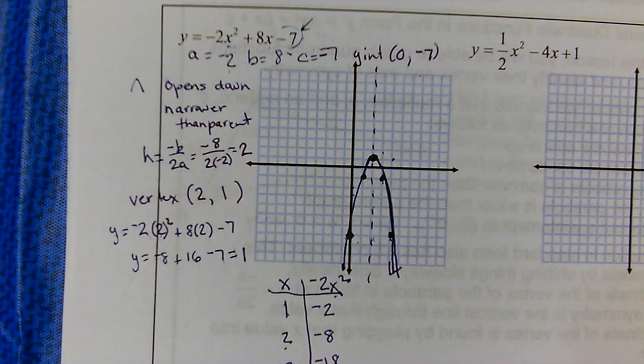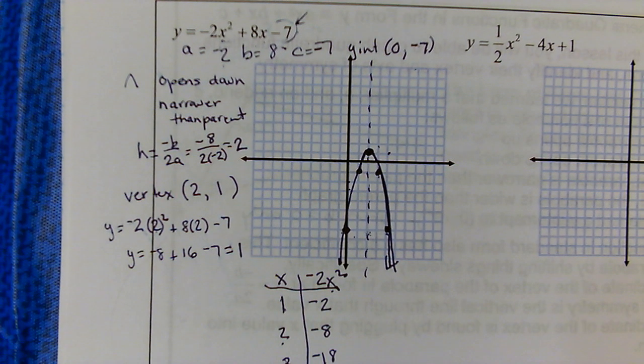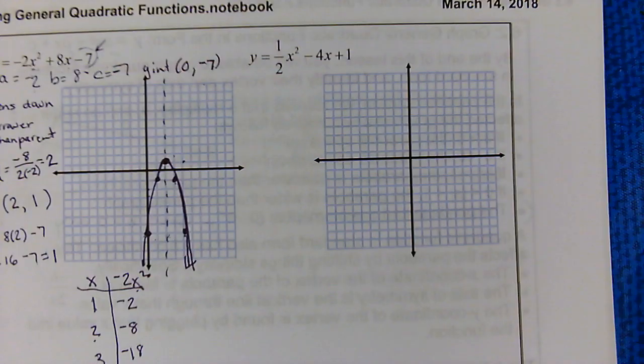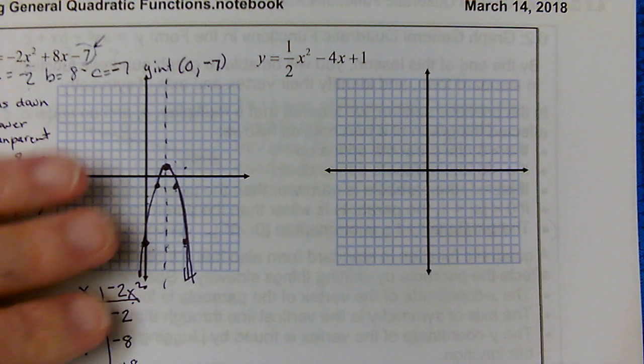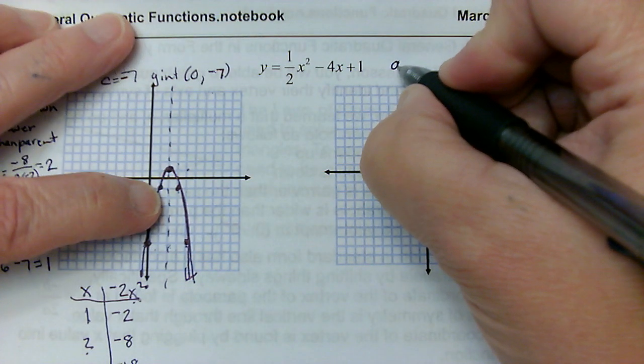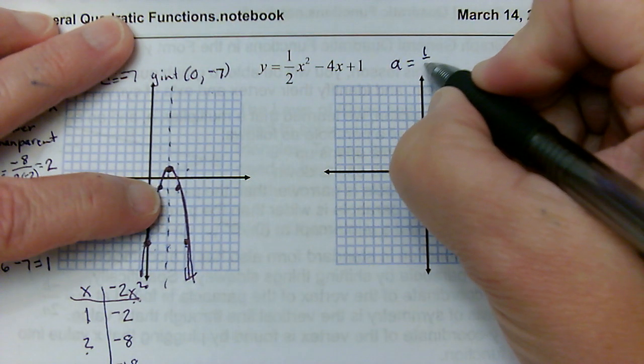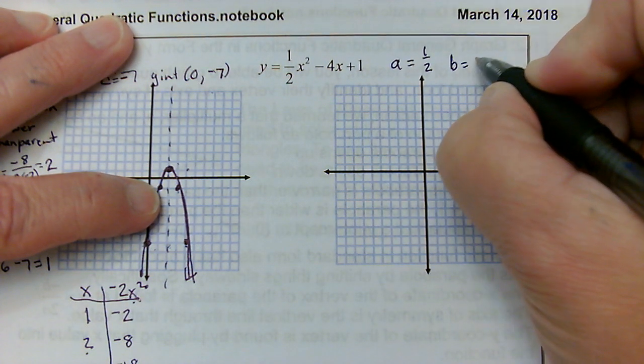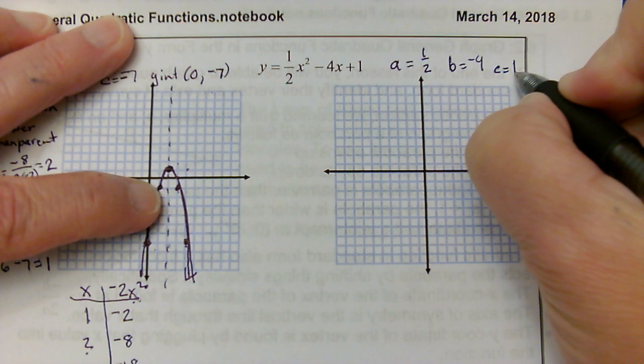So that's the graph of negative 2x squared plus 8x minus 7. Moving over here, in this problem, a is 1/2, b is negative 4, and c is 1.